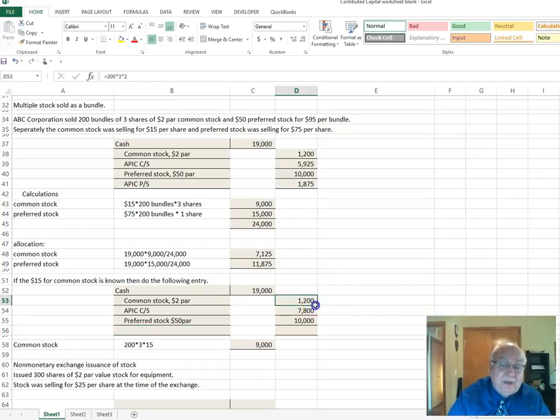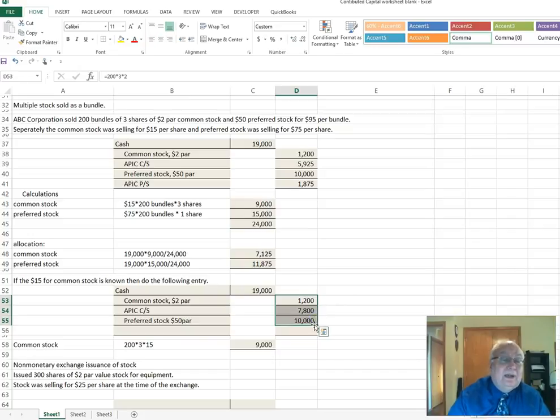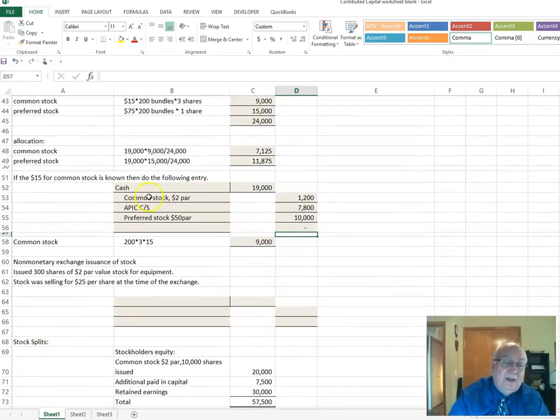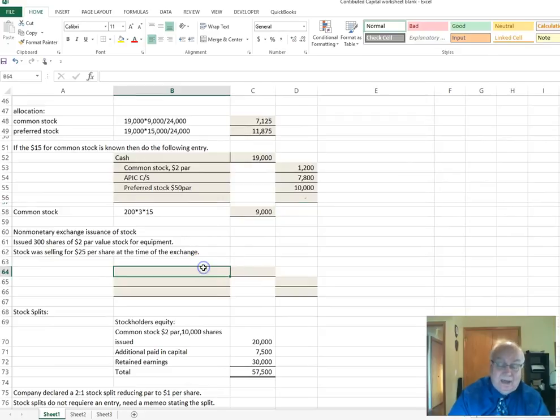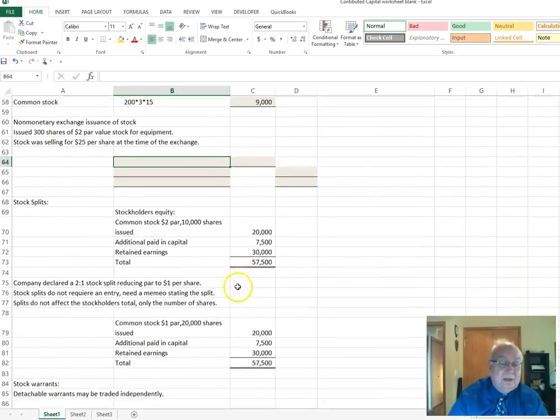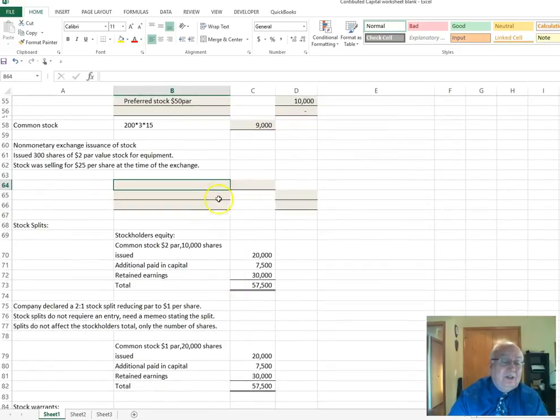And if we add these up, you notice that we equal $19,000. So we're done because this is going to be 0 here, because we don't have any additional paid-in capital. Okay. So you always have to record at least par value. Next we have non-monetary exchange. And I think I'll stop there.